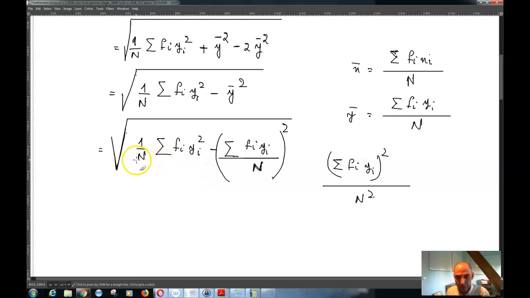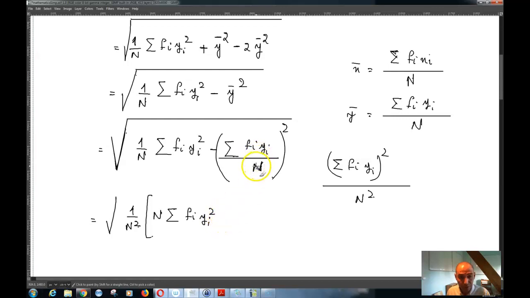So I can take a 1 over n squared out of these two expressions and write this as the square root of 1 over n squared times, now if I take a 1 over n squared, I'll have an n over here. N over n squared is 1 over n. And then sigma f of i y of i squared.